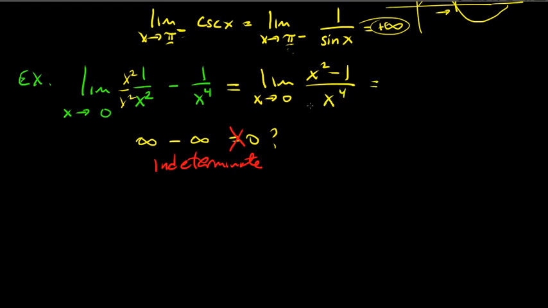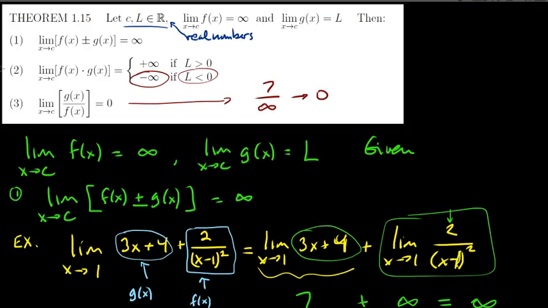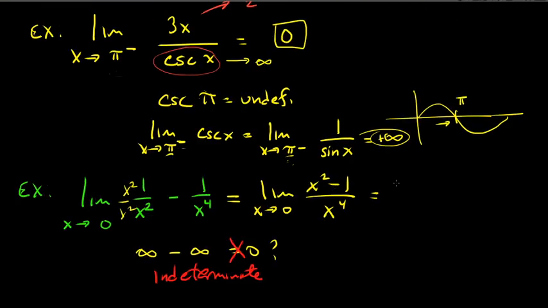As the numerator gets close to negative 1, the denominator gets close to 0. We have the numerator approaching negative 1, which is your L. The denominator approaches infinity. We're in case 3, so I think we do get 0 here.